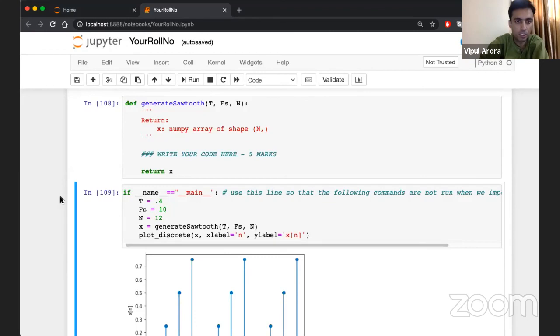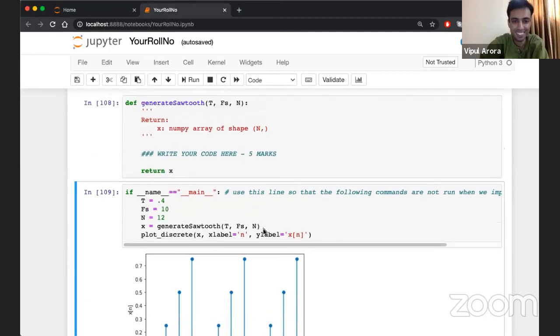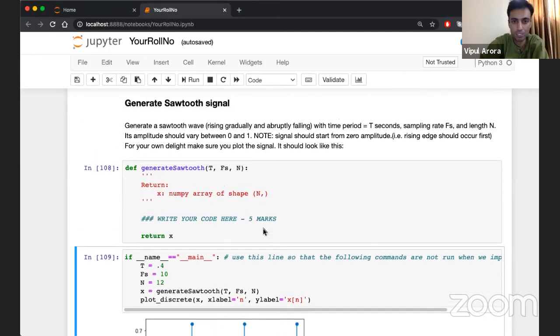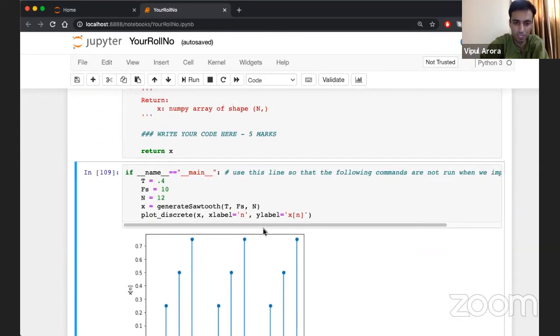Because if it is not an integer, what will you do? Maximum amplitude of the sawtooth is shown around 0.8. Oh, really? Okay, my mistake. Sorry. Yeah, it should be between 0 to 1. You're right, this plot has a problem.